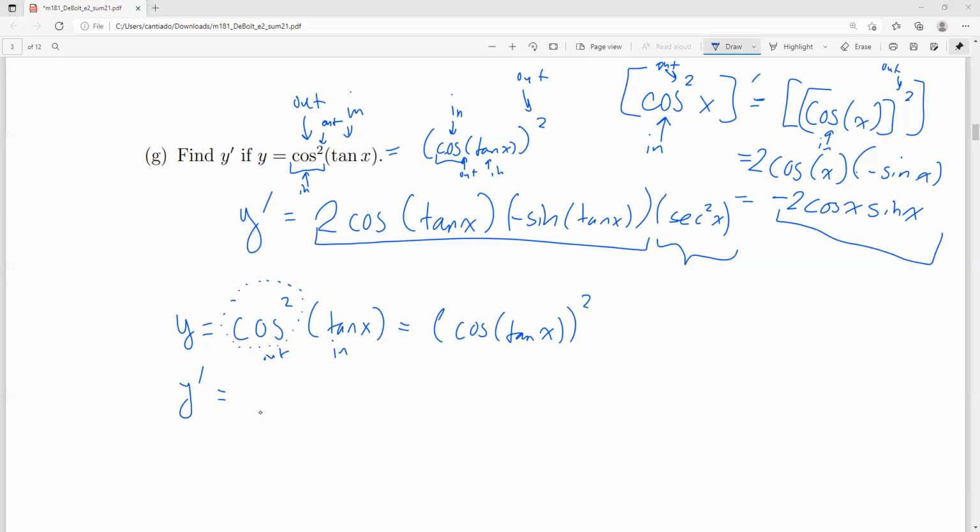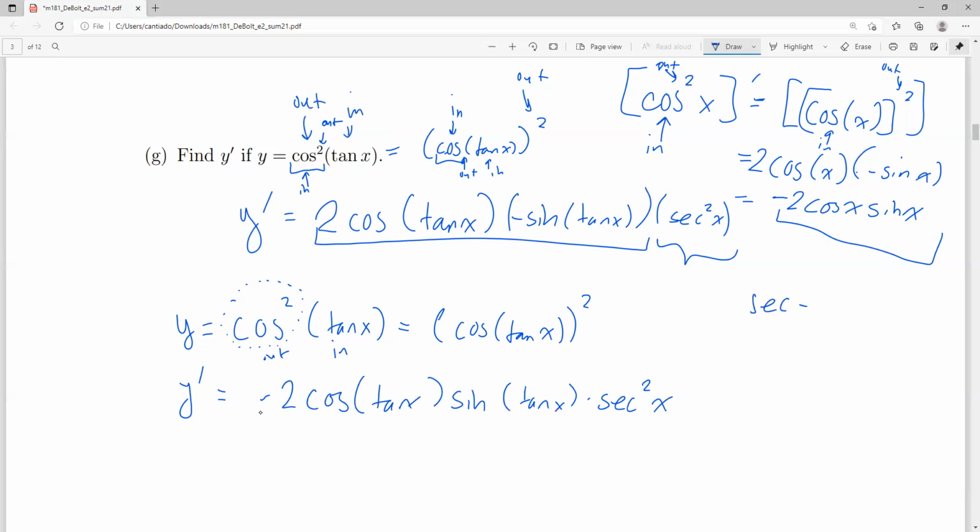All right, so let's go ahead and simplify this out. So we'll get -2 cosine of tangent x times sine of tangent x times secant squared of x. Well, you can actually simplify this further. Let's remember what secant is.